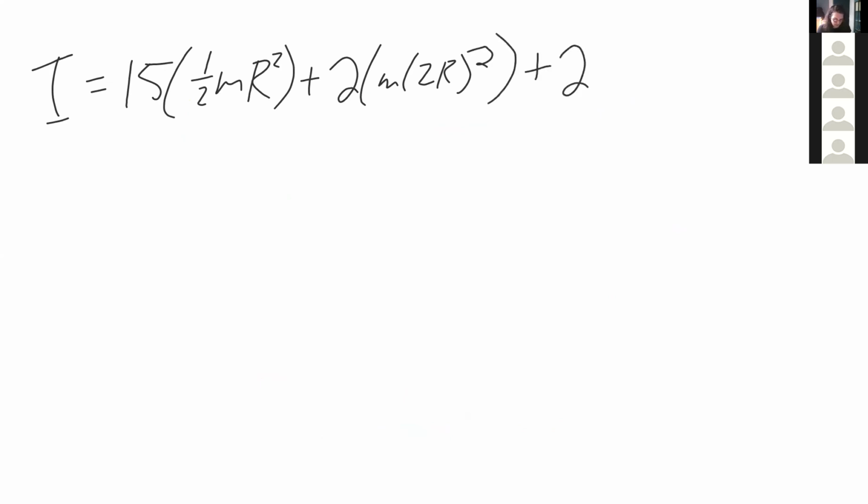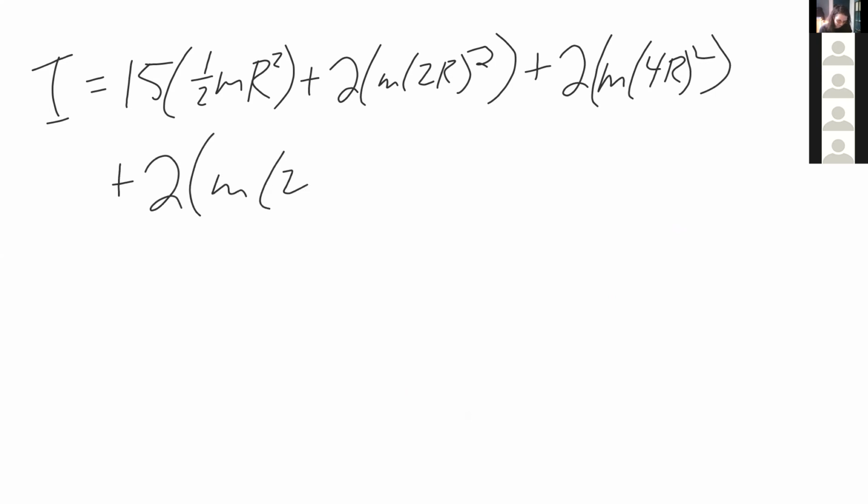And then the next 2 will be translated by a distance of 4r, so 2 times m times 4r squared, plus another 2, which will be a distance 6r, and maybe you'll start picking up on this pattern. 6r quantity squared.